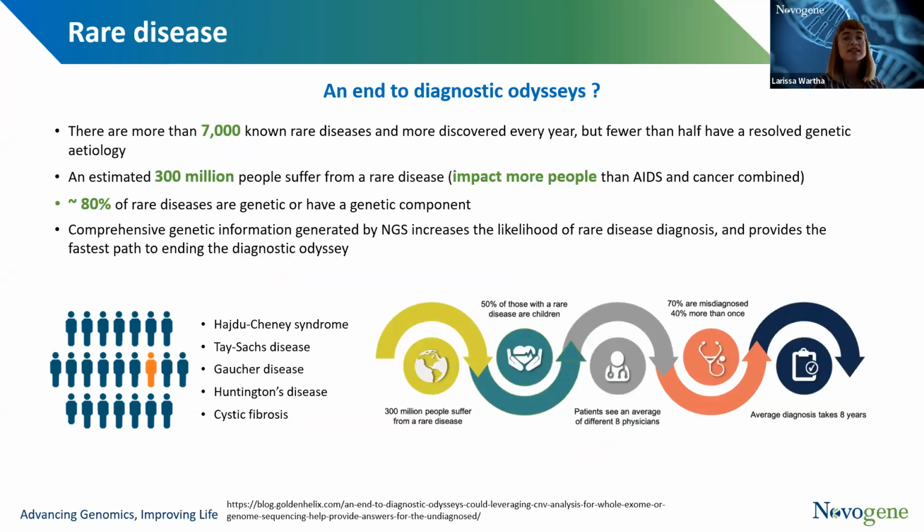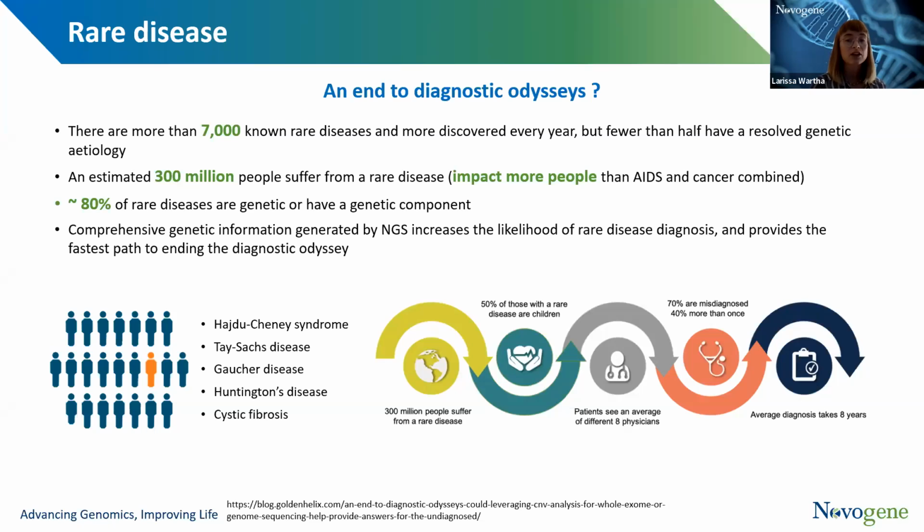Let's now have a look at some numbers concerning rare diseases. There are more than 7,000 known rare diseases, and more are discovered every single year. However, fewer than half of them actually have a resolved genetic etiology. Around 300 million people suffer from a rare disease, and around 80% of these are genetic or at least have a genetic component.